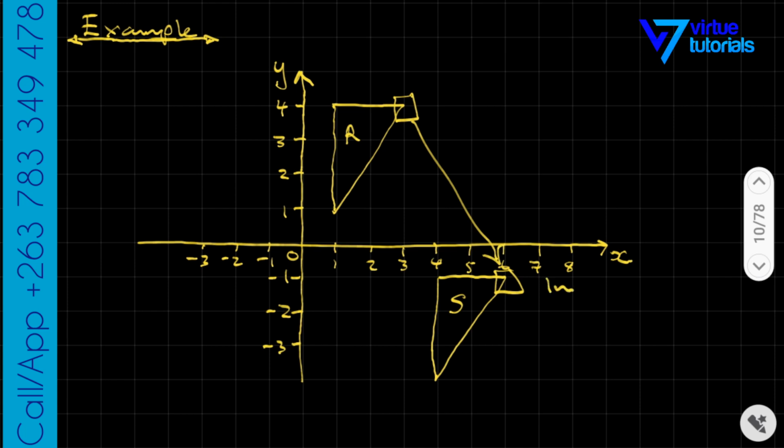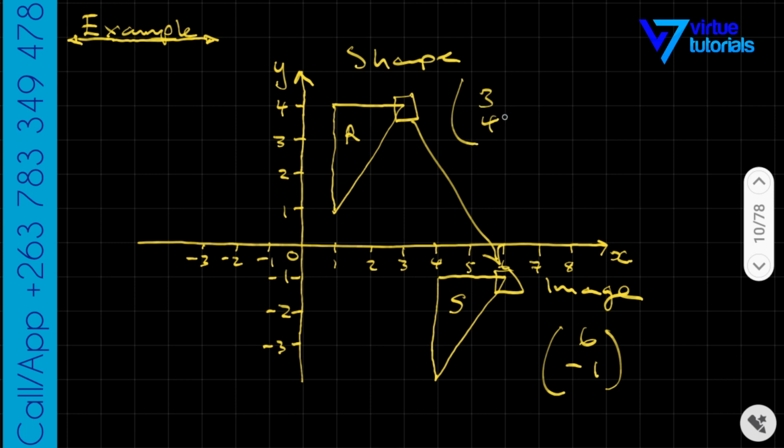So on the image, this point is 6, minus 1. Those are the coordinates. So I'll write it as a column, 6, minus 1. And then on the original shape, this was 3 and 4.